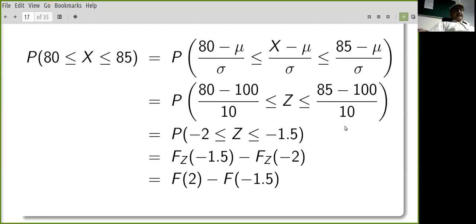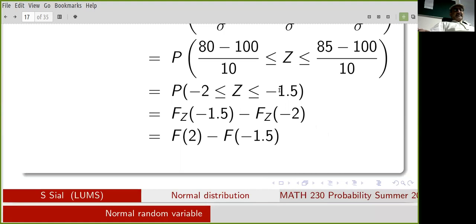So that's the probability that the standard normal lies between minus 2 and minus 1.5. Well, that's the CDF for the standard normal at minus 1.5 minus the CDF at minus 2.